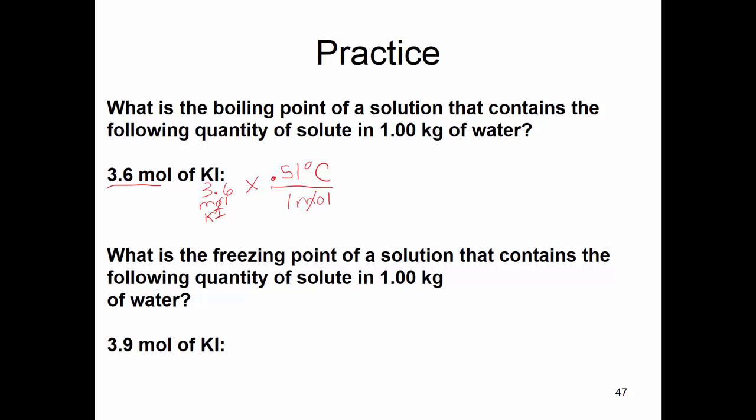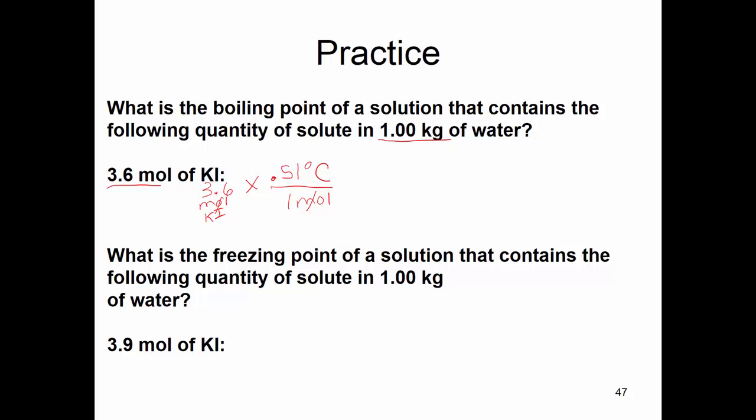So if we have 3.6 moles, and then we know that per mole, or per kilogram, we have 1 kilogram there, then 3.6 times the 0.51, you would think that would be where we would stop. Just multiply 0.51 times 3.6.